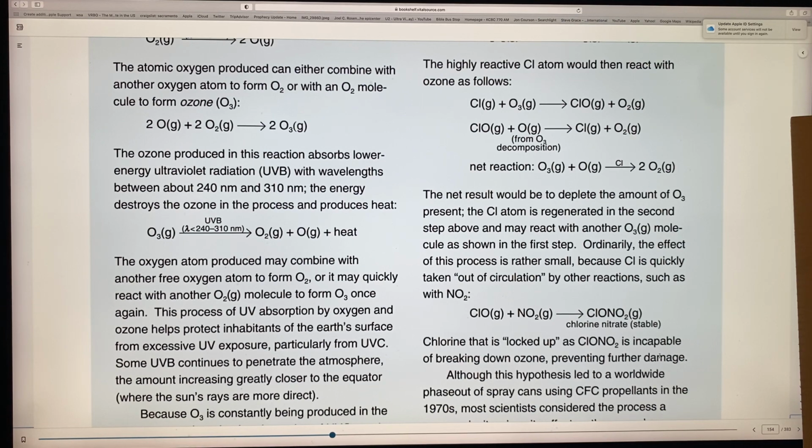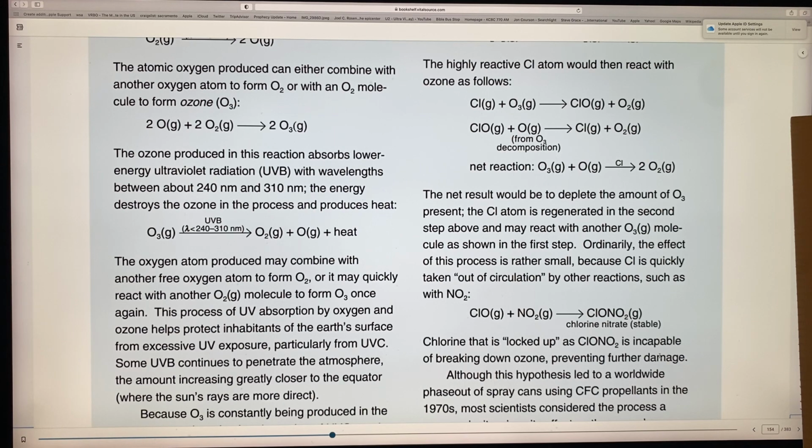So ozone, O3, absorbs the lower UV light of ultraviolet B. A lot of the B light does not come in. Here's how ozone deals with the UVB light: absorbing it puts out O2 and O plus heat.